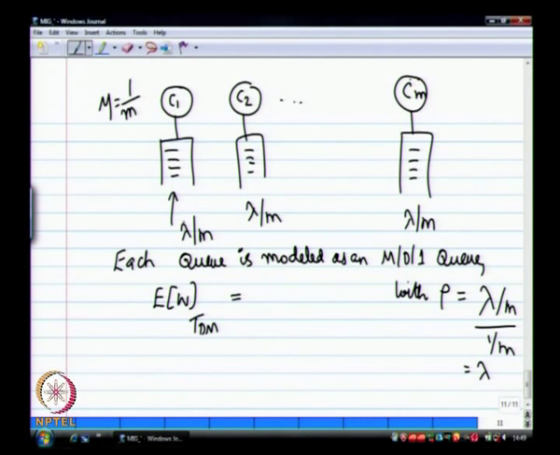Each queue has lambda by m arrivals and 1 by m service, because it takes m units to service a packet, so each time unit you are serving 1/m of a packet. So the waiting time is rho divided by 2 mu into 1 minus rho. And mu is 1 by m, so this will be rho divided by 2 times 1 by m times 1 minus rho.